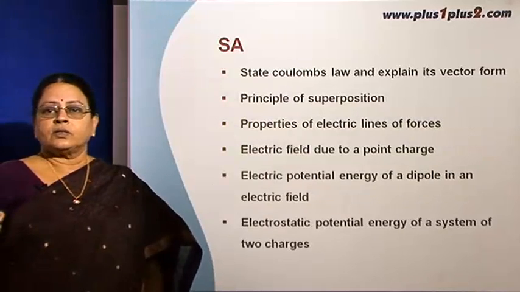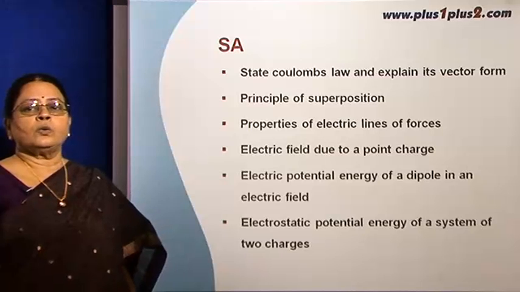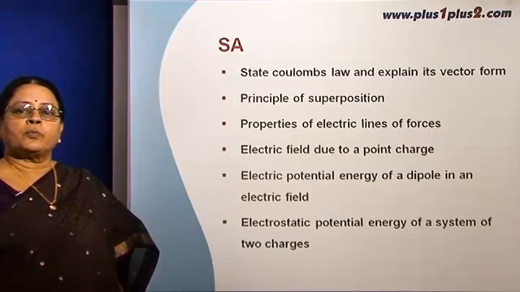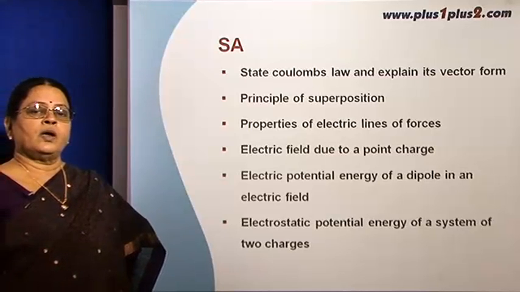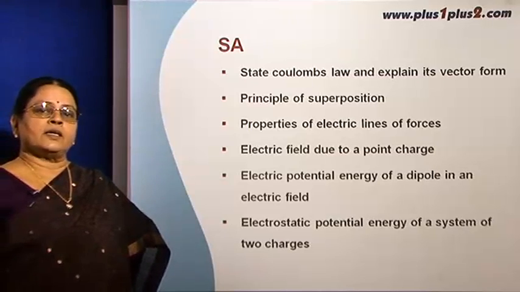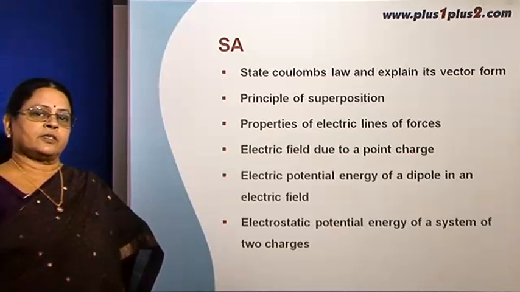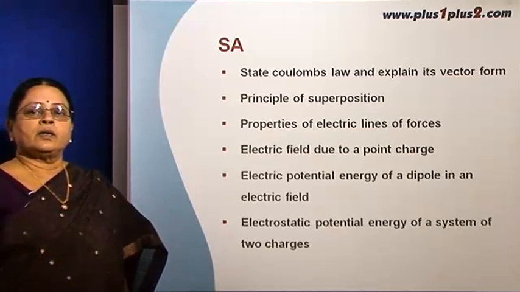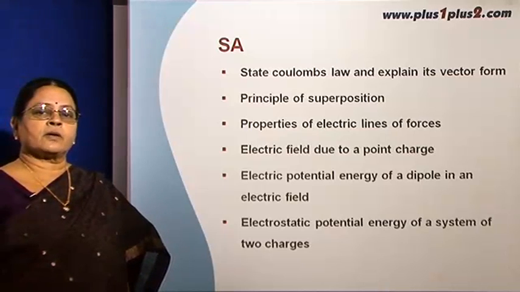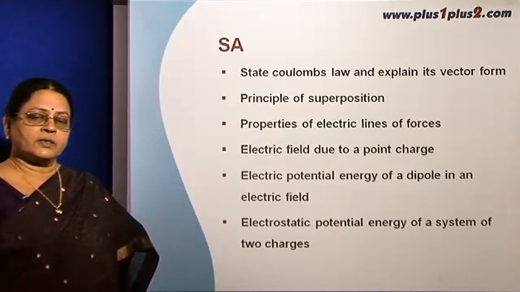Okay. So in the very short answer, how will you prepare? You have to prepare the exact definition type, mark it in the textbook and try to write it verbatim as a definition. For example, Coulomb's law is the force of repulsion or attraction between 2 charges.